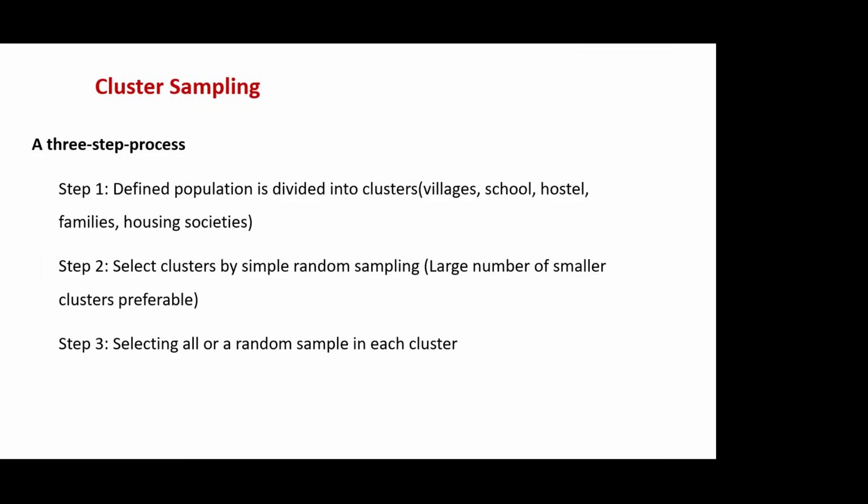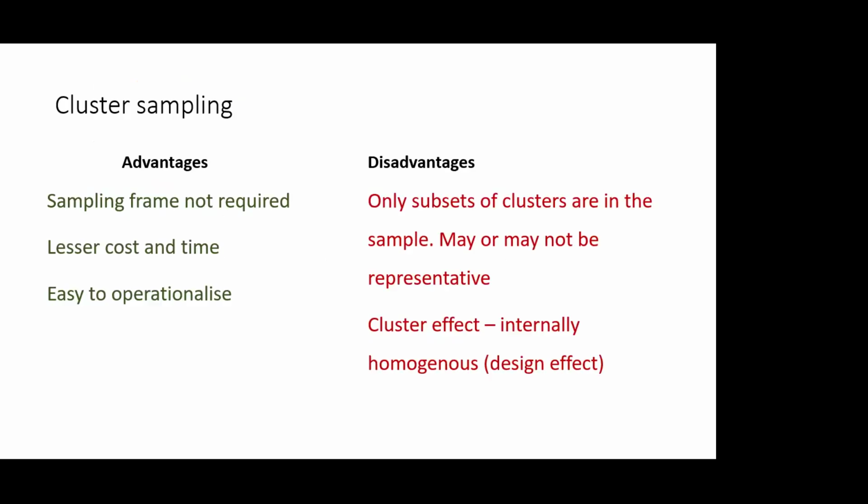So from the different clusters, you would be selecting the clusters by simple random sampling. And if the clusters are huge, you may be selecting some representation from each cluster for your study. If the clusters are small, some do study the whole cluster for the study purpose.